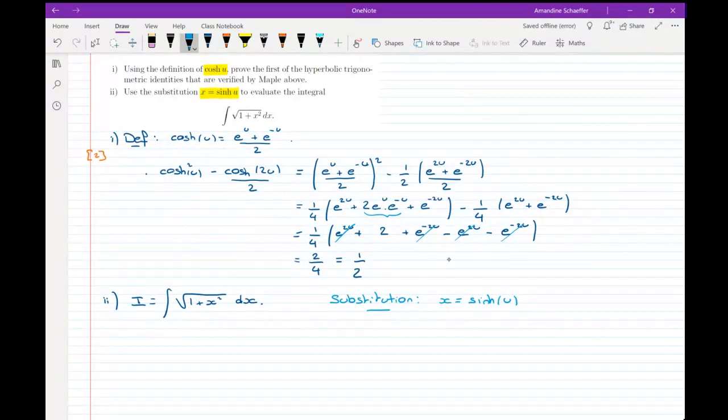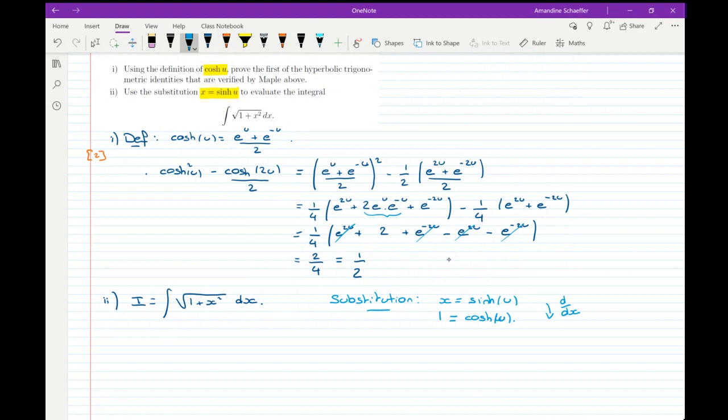Of course there's a dx, which is going to be a du, but we need to find the relation, the link between both. So if you differentiate both sides of this, dx on dx is just 1. And on the right-hand side, if you differentiate sinh, you get cosh u.